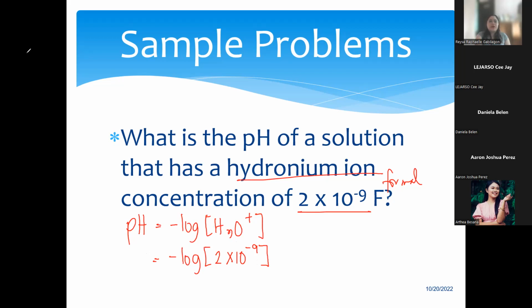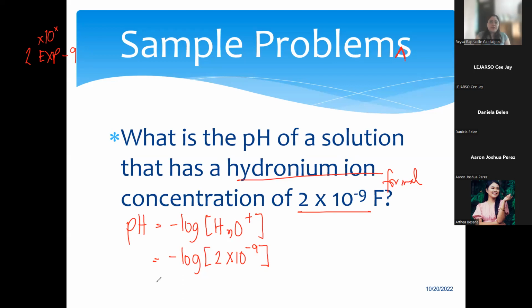Diba sabi ko, example 2, you input 2 in your calculator, and then pakipindot yung EXP sa baba. If it is not EXP na nakalagay, it will be times 10 raised to the power of X, and then ilagay nyo na diretso yung -9. Kasi minsan ang ginagawa nyo, gumagamit kayo neto, and you will have different answer for this.